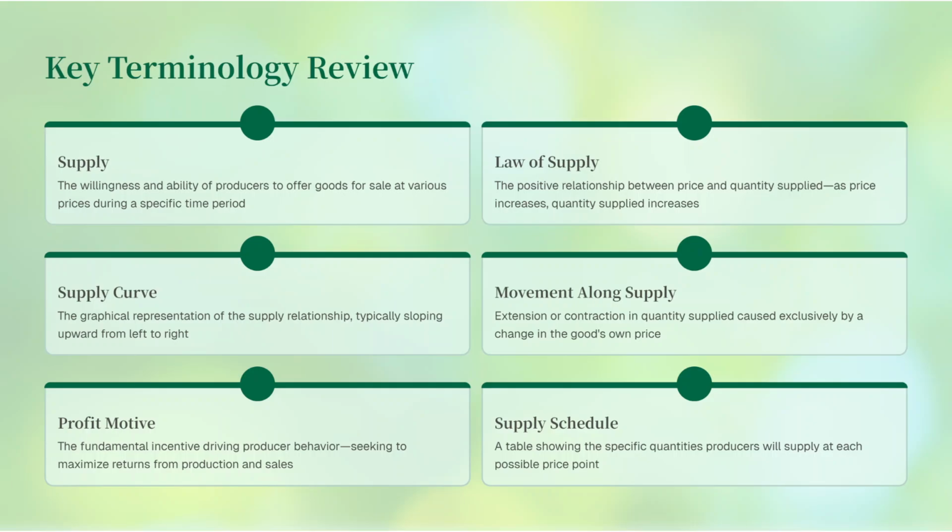Movement along supply, extension or contraction in quantity supplied caused exclusively by a change in the goods' own price. Profit motive, the fundamental incentive driving producer behavior seeking to maximize returns from production and sales. Supply schedule, a table showing the specific quantities producers will supply at each possible price point.